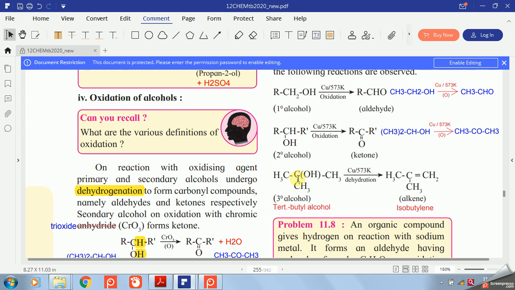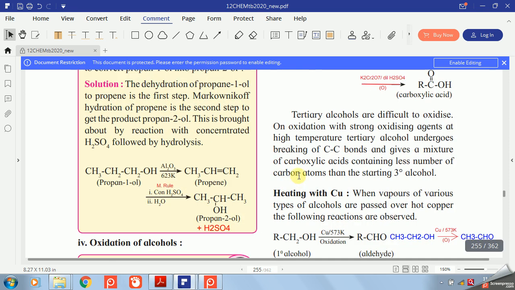So tertiary alcohol does not react with the normal oxidizing agents such as the previous reagents. So we require some strong oxidizing agent at higher temperature, but we can't get aldehyde and ketone, we get alkene.